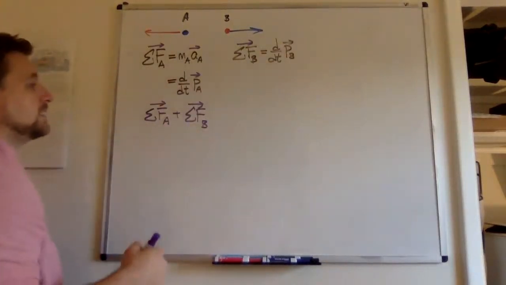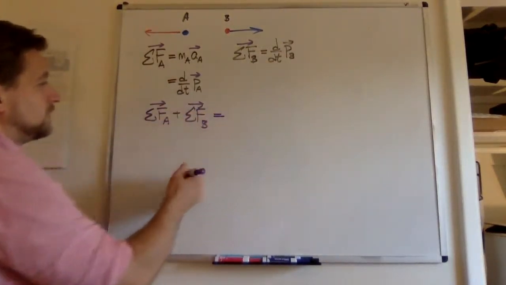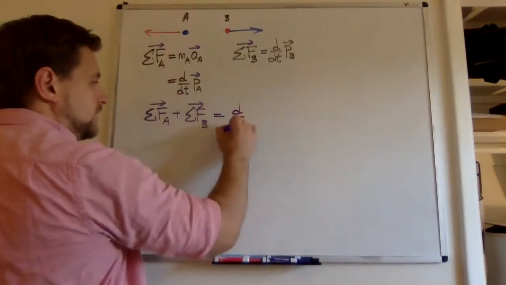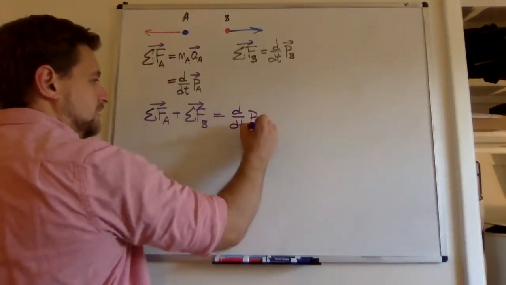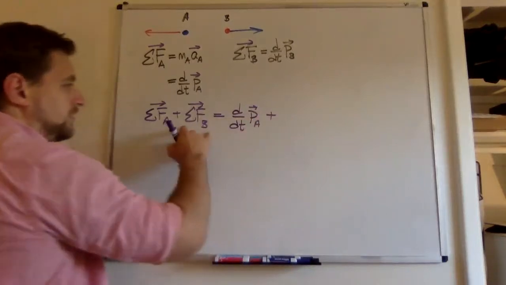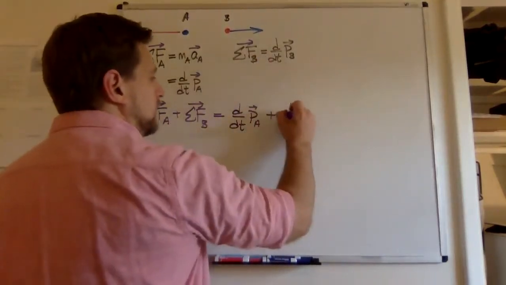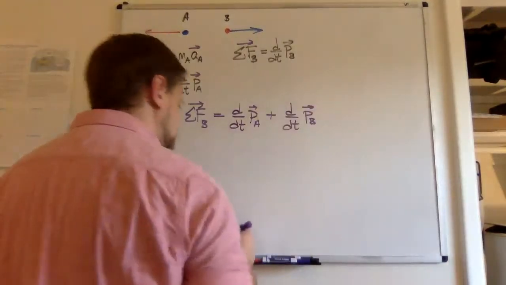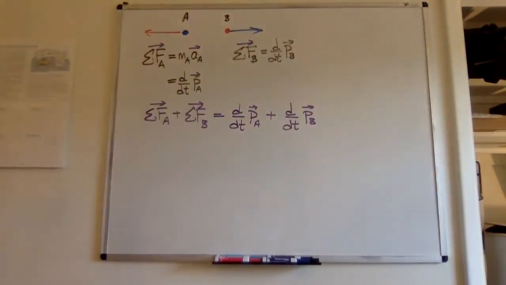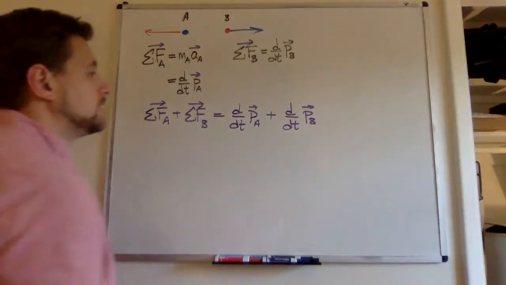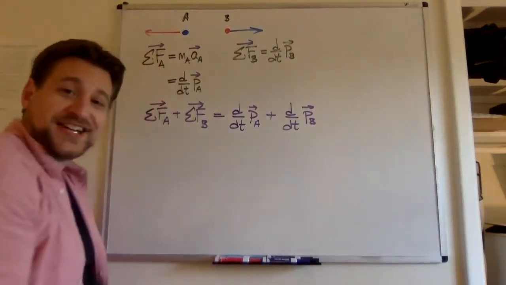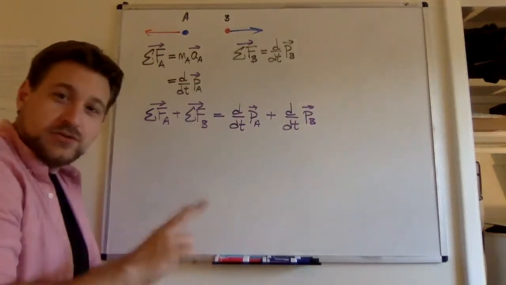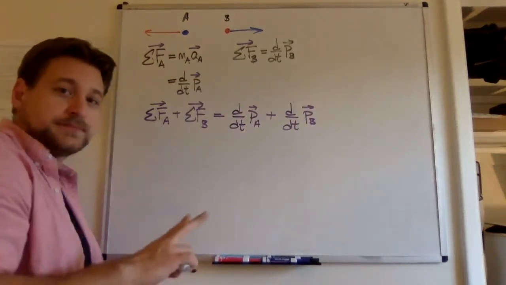Equals, well, now the sum of the forces on A is the rate of change of A's momentum, and the sum of the forces on B is the rate of change of B's momentum. Now, this doesn't look like much. It seems like kind of algebraic busy work. But two really cool things are about to happen.